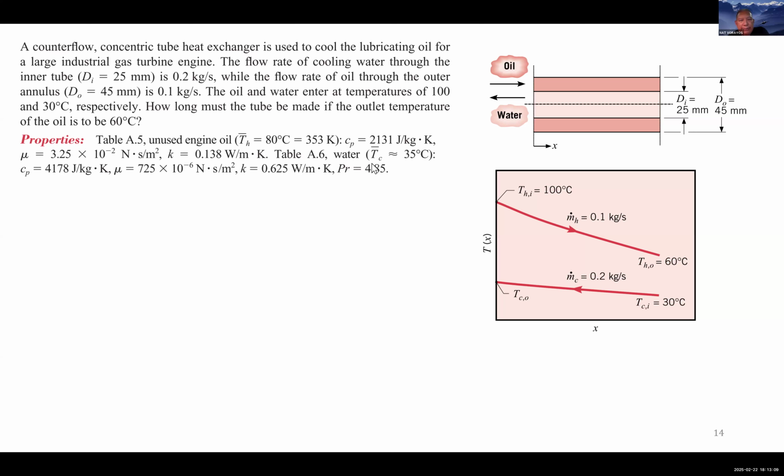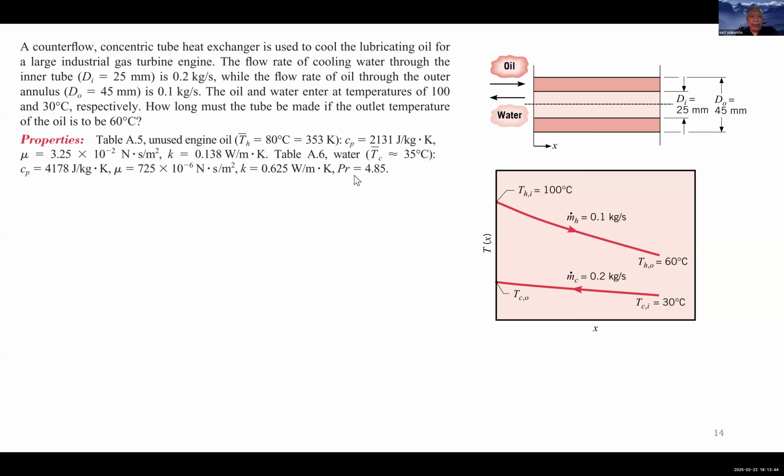However, the water is kind of hard to specify the average temperature for, because you know only the inlet temperature of the water, 30 degrees Celsius, and you don't know the outlet temperature of the fluid. They don't even ask you about the exit temperature of the water at all. But I will show you at the end, we can find the temperature of the outlet water anyway.